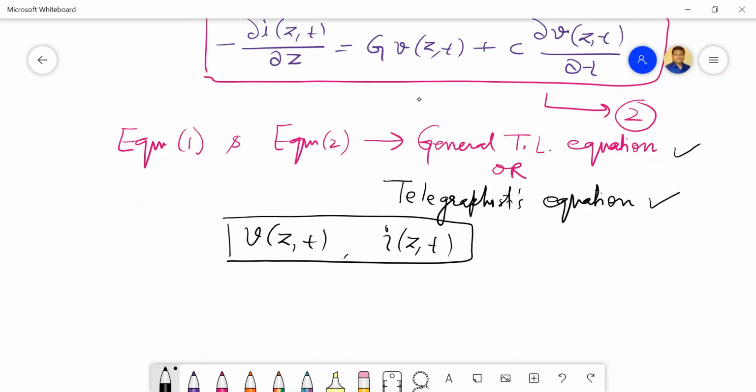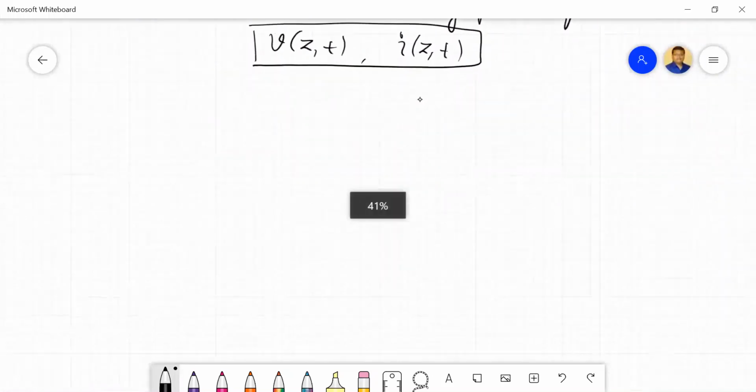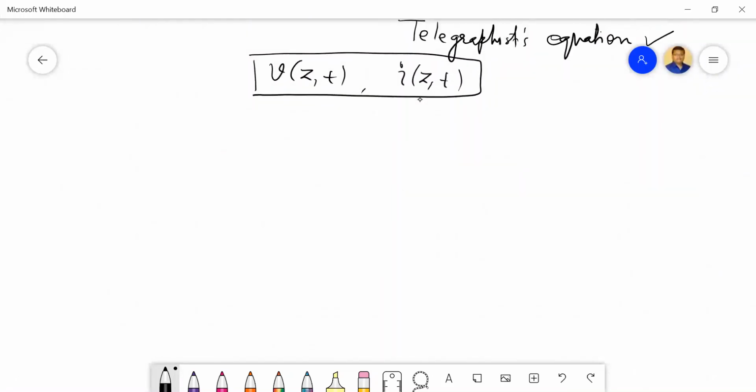So as electronics engineers, we are aware of the phasor forms, or time harmonic equations, if you remember from your electromagnetic course. So let us write down those things, and then we'll recall these two equations and solve. So what we'll do, we'll use the phasor forms, correct?